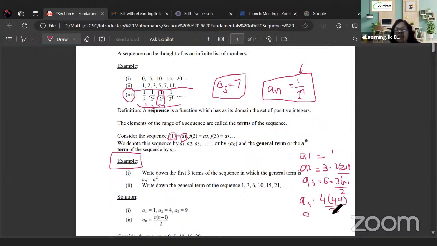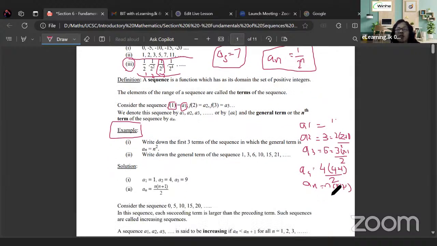Therefore, you can write the general term as a_n is equal to n into n plus 1 divided by 2, right? So, this is the general term. We can write down the general term like this.